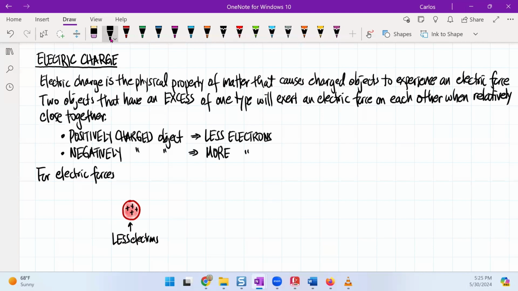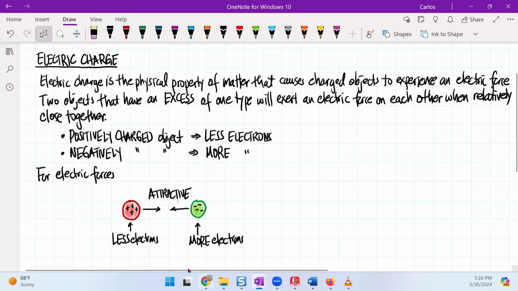They're the inner electrons, as we'll talk about. And if I have a negatively charged object, that means that they have more electrons. So if this is the case, then they will feel an attractive force between them.